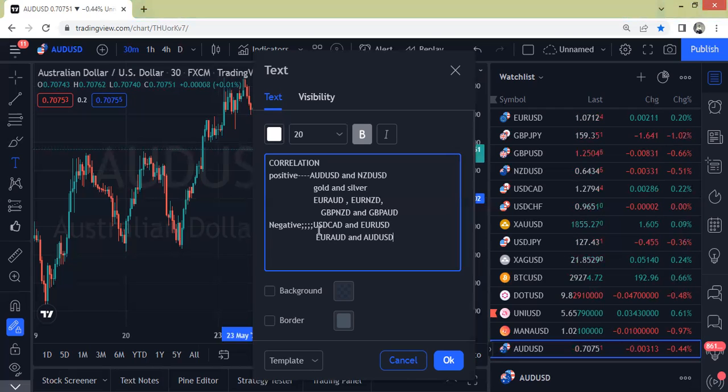So this again is an extra confirmation for you. If you're marking up your charts and after your analysis, you see a possible buy on USD CAD, automatically when you go to Euro USD, you should see a sell setup from a structure.